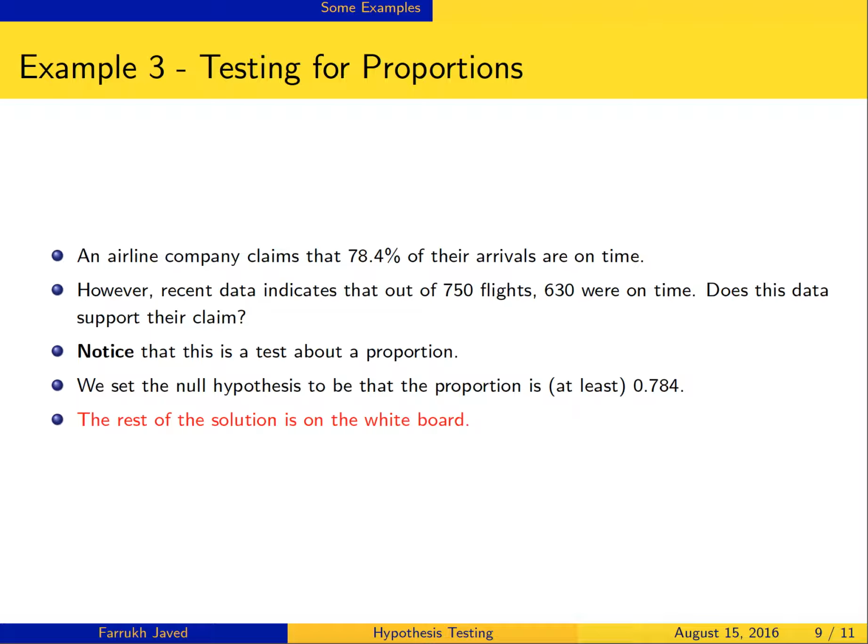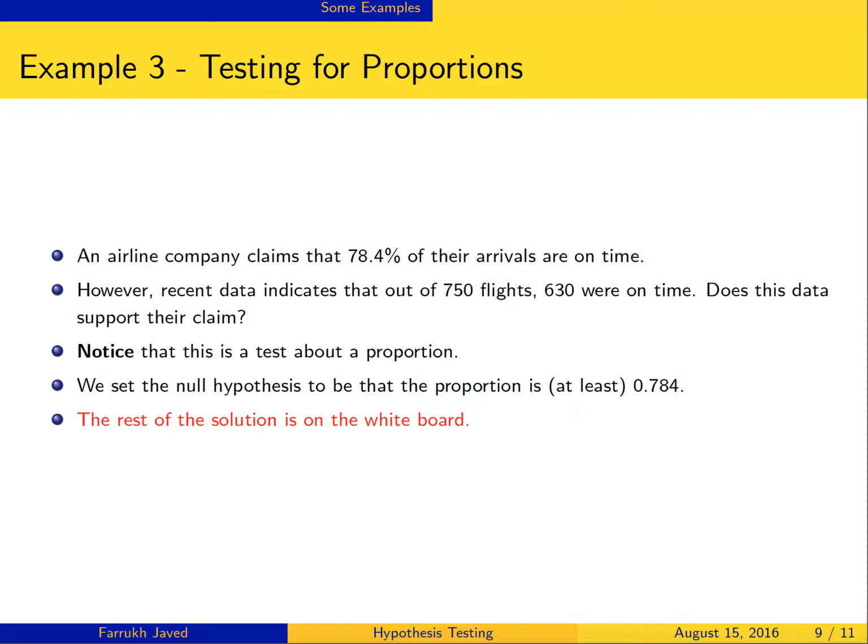It says that out of 750, 630 are on time. Does this data support their claim? Now remember the probability of success and probability of failure. When we discussed that concept, we said we gather some data, decide our interest, and count how many times our interested outcome appears. That was the proportion of success.